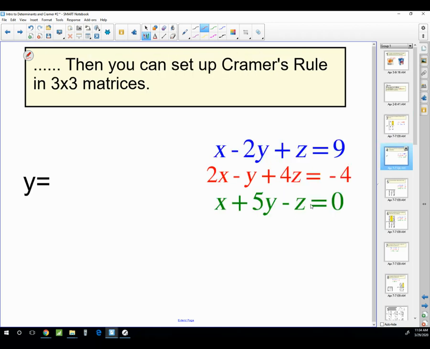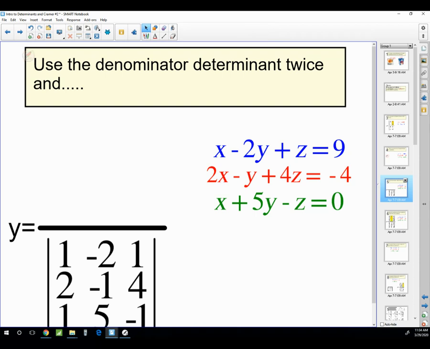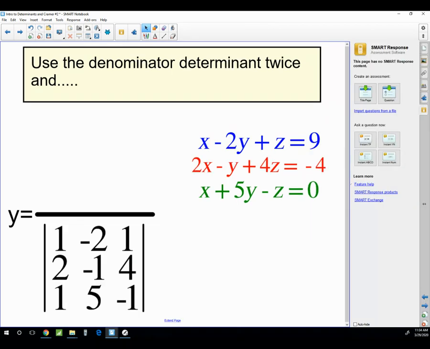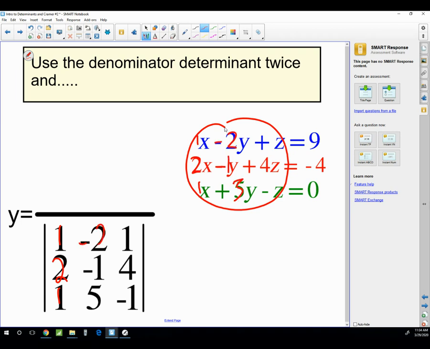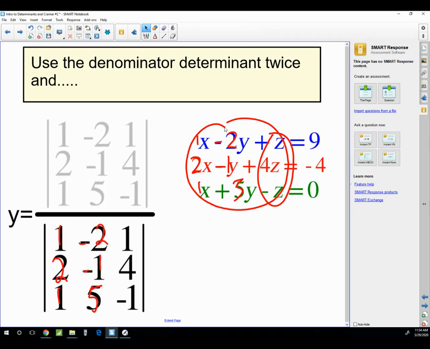All right, and so if we were going to set this up for y, then we would set up the denominator. Let me slow down a little bit. Set up the denominator: 1, 2, 1, negative 2, negative 1, 5, and then the z coefficients would go in over here. And so we would copy it to the top.